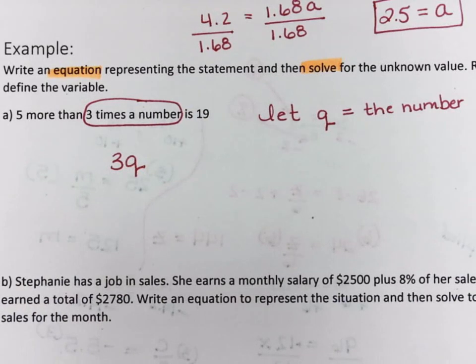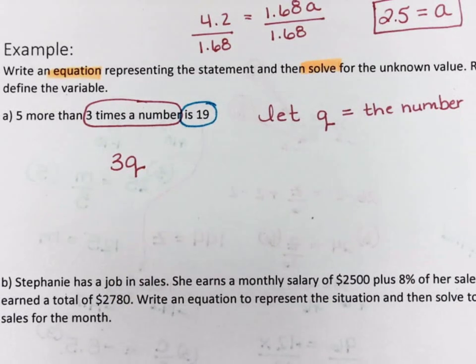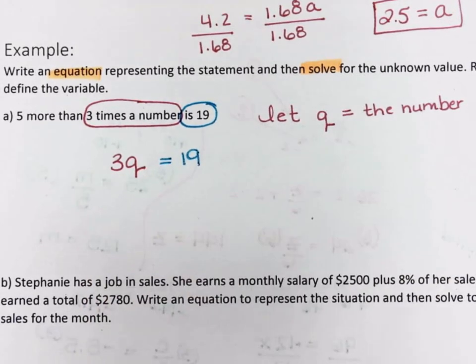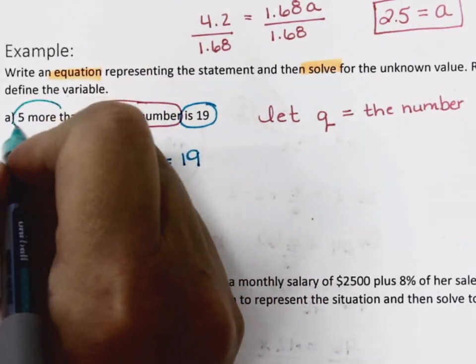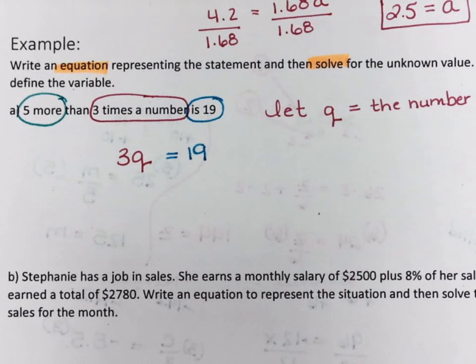Is 19. What's the word "is" mean if we want to put a math symbol by it? Equals. So that's equal to 19. All right, 5 more. If you have $40 and I give you 5 more, how much do you have?